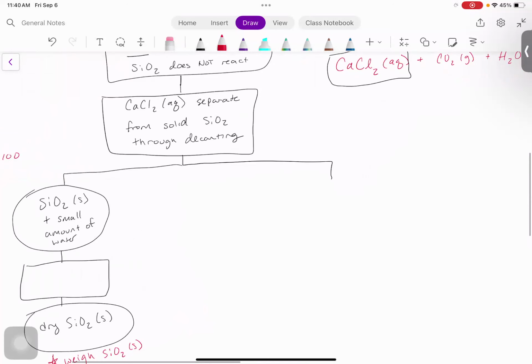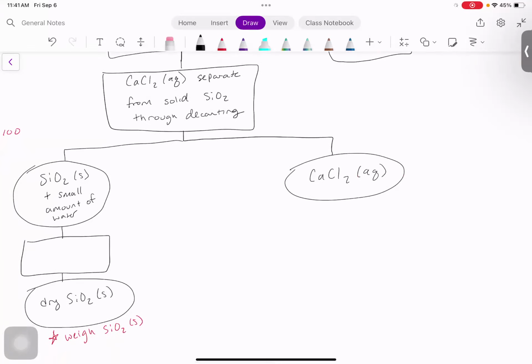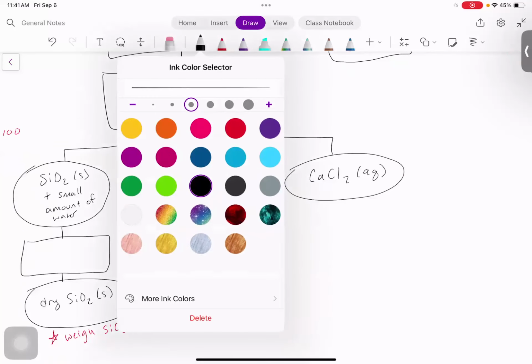So heading back over here, we have this calcium chloride that is aqueous in solution, right? That's what we decanted off of the top of our solution after we added HCl. So we have aqueous calcium chloride that we now need to convert back into calcium carbonate. So that's going to be another chemical reaction here.